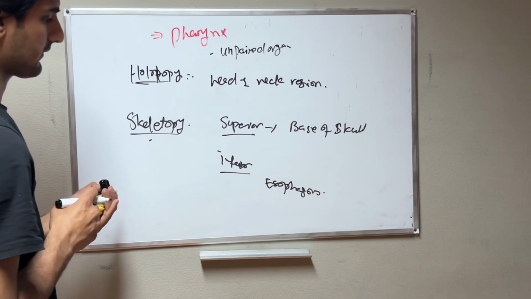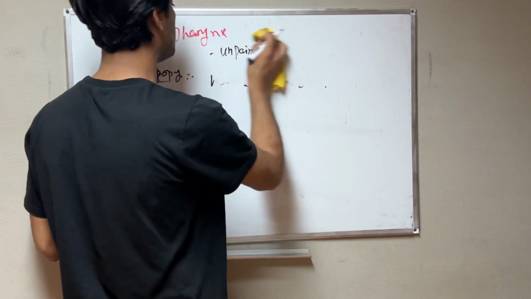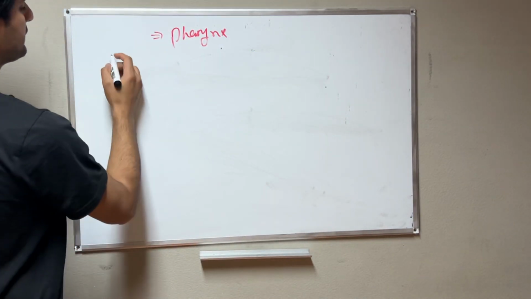Okay, these are the skeletotopy. Next, we will talk about the parts of the pharynx. We have three parts.